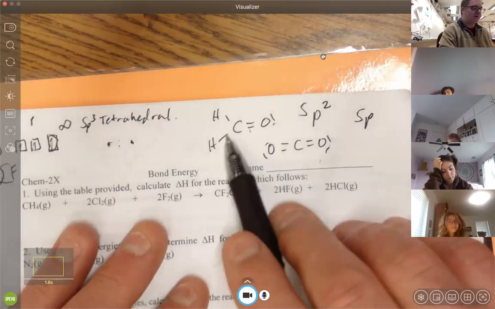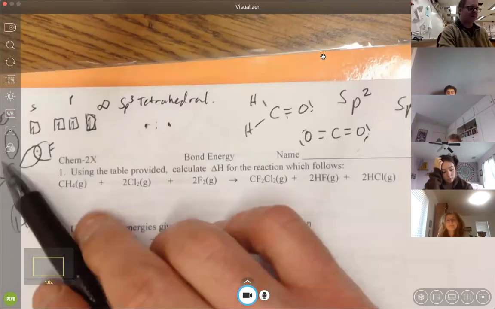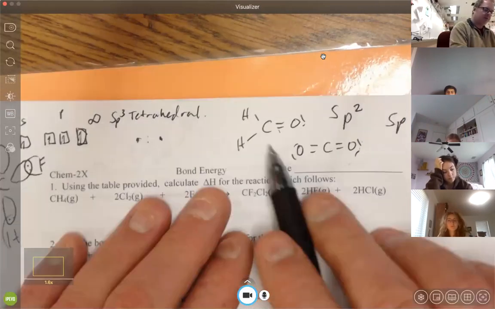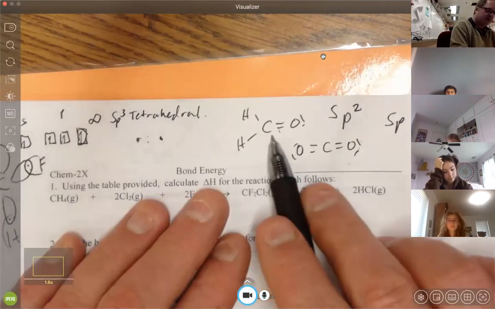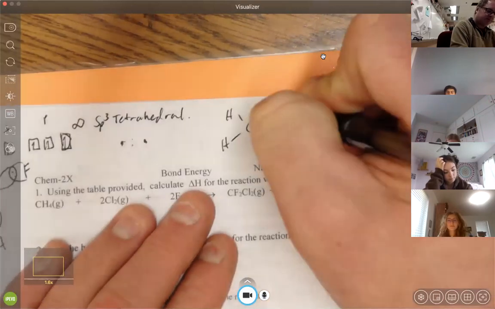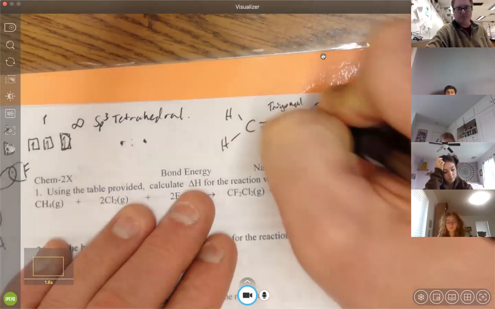For 4, the tetrahedral arrangement, you've got sp, 1, 2, 3 of 4 orbitals. With this one, sp2 is trigonal planar. Right?